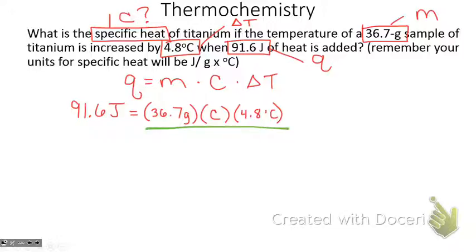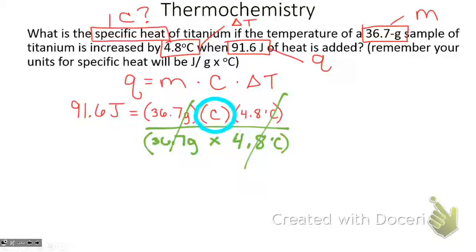So how do I isolate and get this variable C all on its own? Well, it looks like I'm going to have to divide both sides by my mass multiplied by my change in temperature here. That way my change in temperature will cancel and my mass will cancel, and the only thing left on this side of the equation will be my specific heat variable.